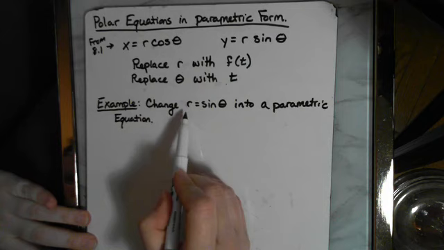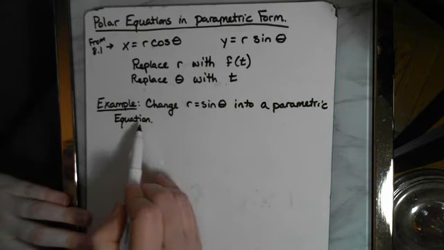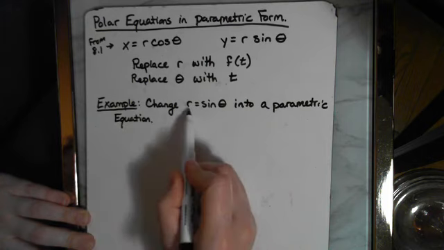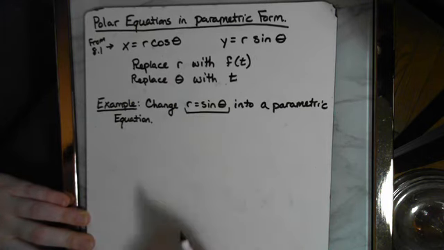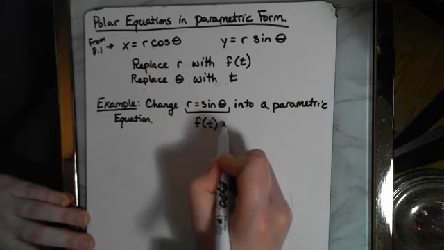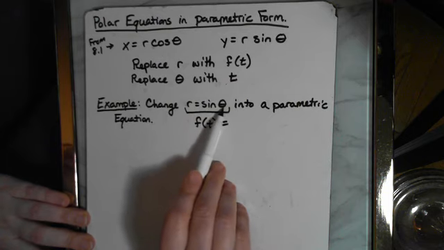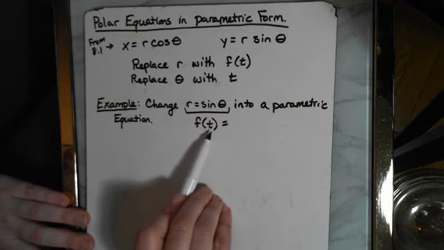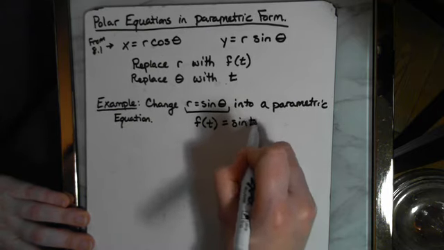So it says change r equals sine theta into a parametric equation. So r equals sine theta, that is the function that they gave us. This is f of t, which is going to be sine, and this theta is going to turn into a t because I just said replace my variable with a t. So it's sine t.